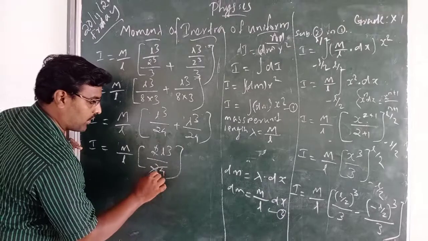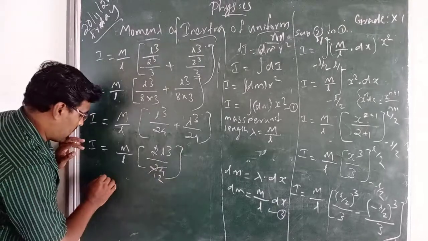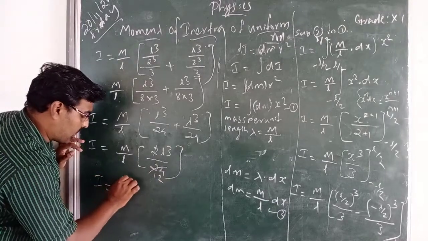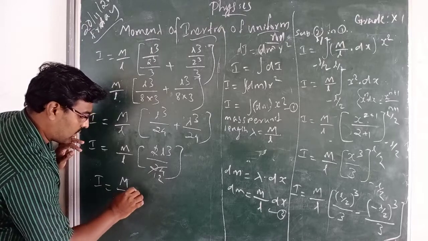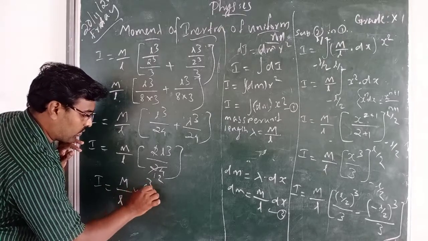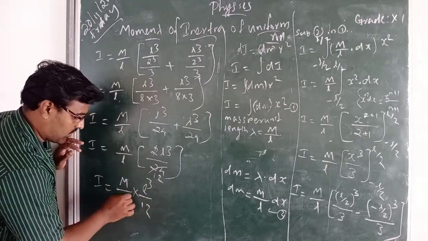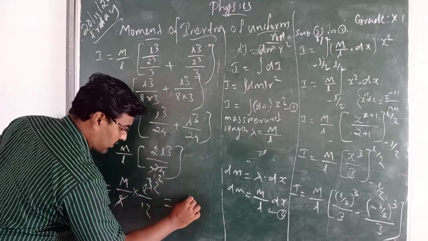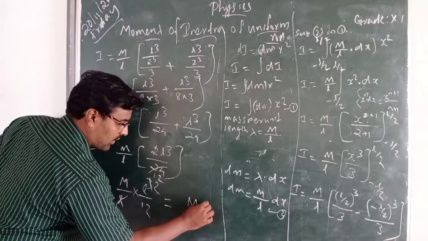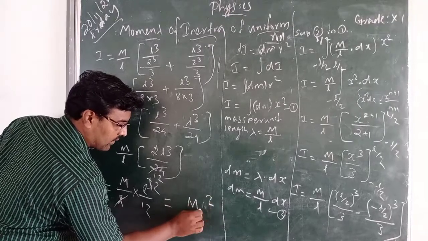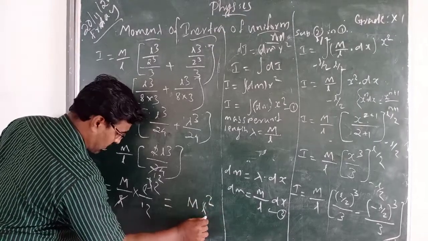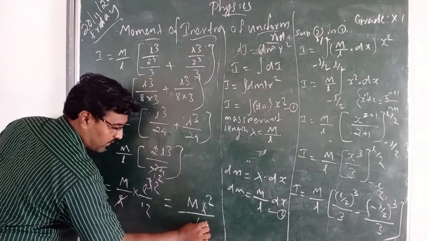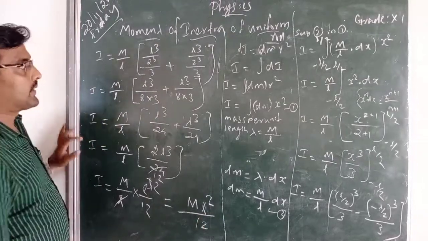Cancel 2 and 24, so you will get 12. I equal to m by L into L cube by 12. L cancels, so square will come. So I is equal to m L square by 12.